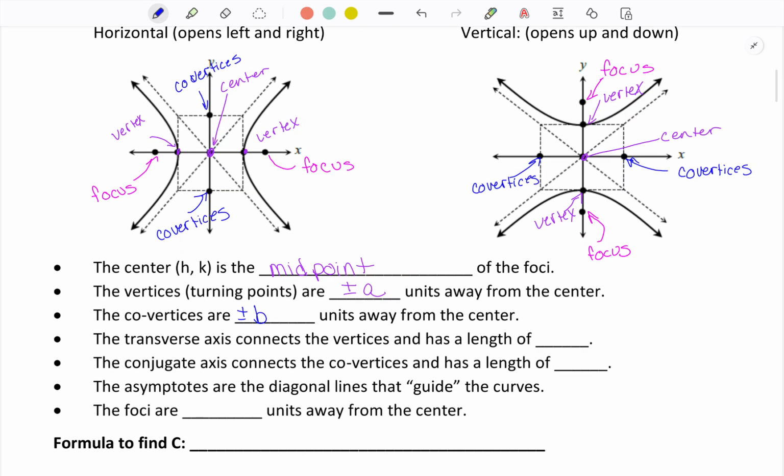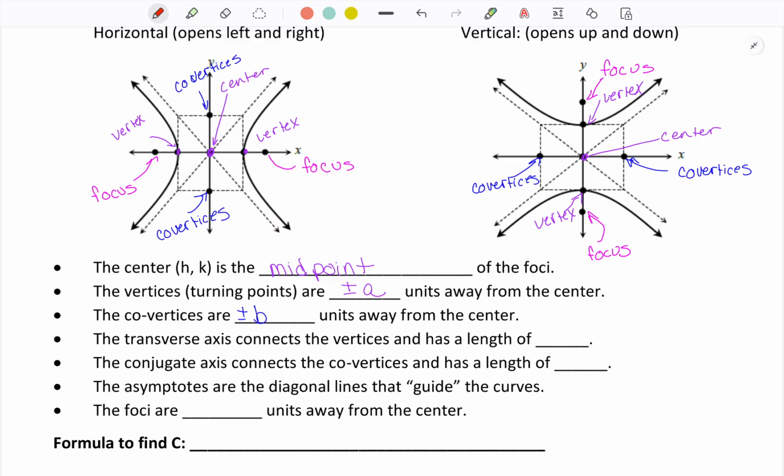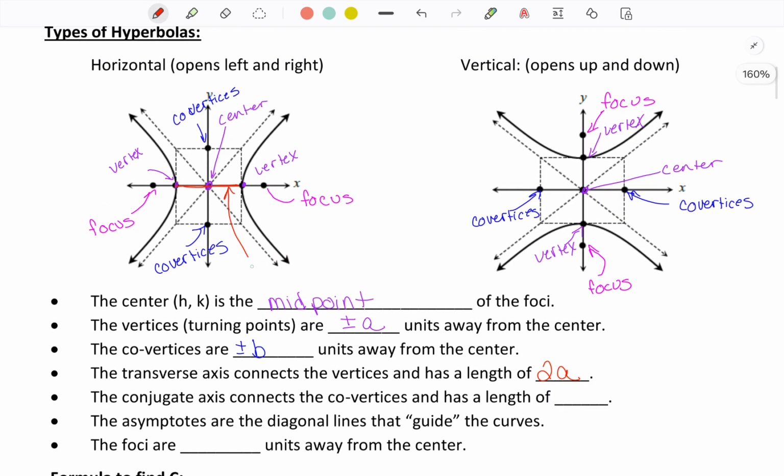And so then those vertices join and become what we call the transverse axis. And the length of that transverse axis is 2a. So that is almost like the major axis, but not quite.